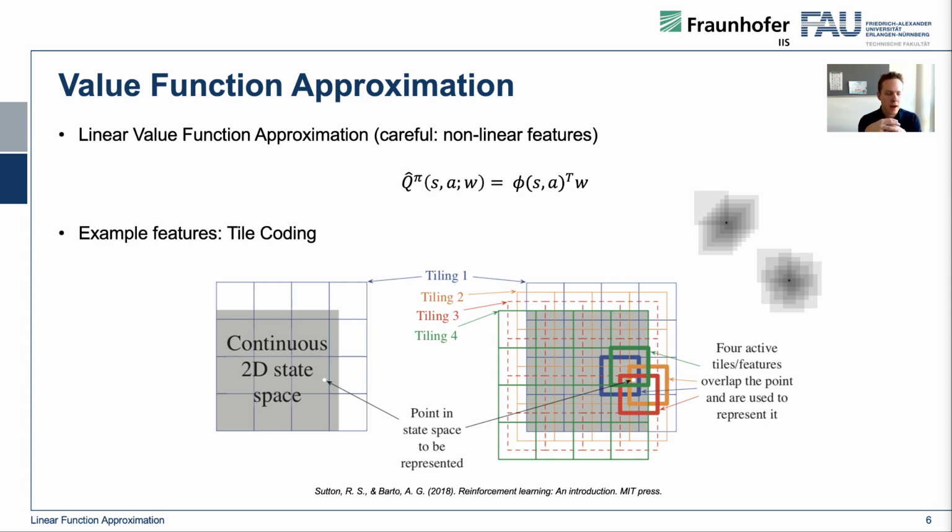But now imagine that we have a continuous state space. What we usually see in something like a frozen lake environment is that we can take any position in the state space, and it might also be between such discrete states. In order to deal with this, we use tile coding.